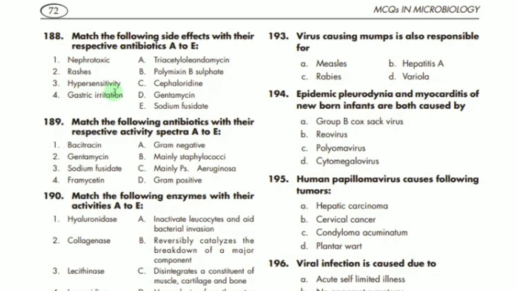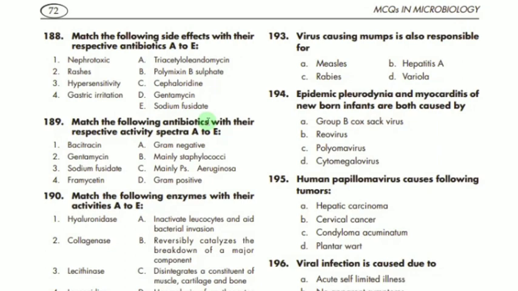Hypersensitivity is caused by erythromycin. So A is the correct option. Then fourth is gastric irritation. This gastric irritation is caused by sodium phosphate.